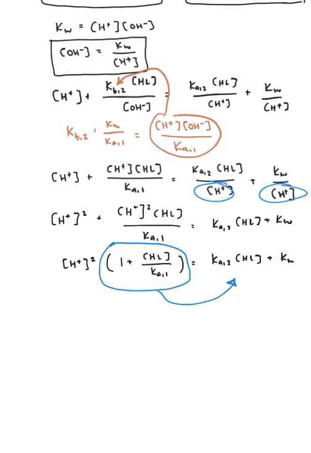We'll end up with concentration of H+ squared is equal to Ka2 times concentration of HL plus Kw, divided by 1 plus concentration of HL over Ka1. I want to simplify this right-hand side down a little further, and I want to take the square root of both sides of this equation.